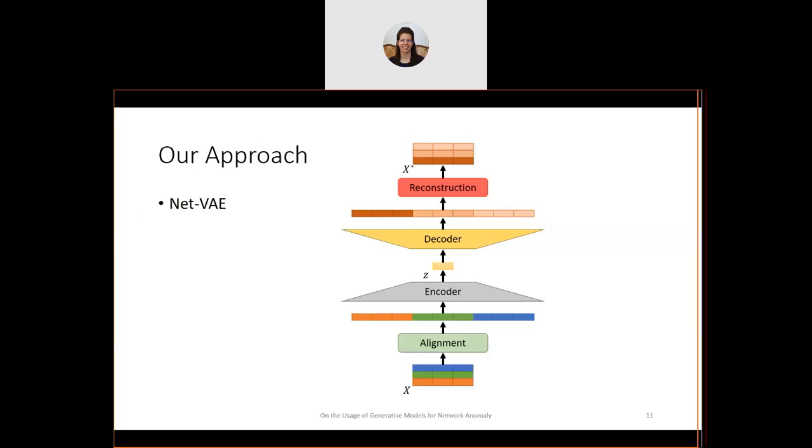Similar to NetGAN, the model is only trained with normal data sequences. So as training progresses, the network is expected to learn the distribution of this data, similar to the generative approach in the NetGAN.